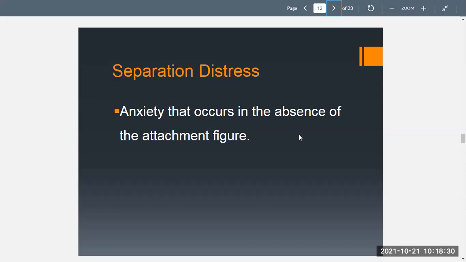They forgot about you in the grocery store, in the market, or at the mall. Or when you and your partner, as an adult, again, you have a separation for a variety of reasons, and it causes anxiety because you miss that person. You miss contact with that person.